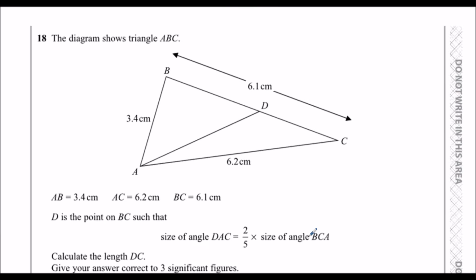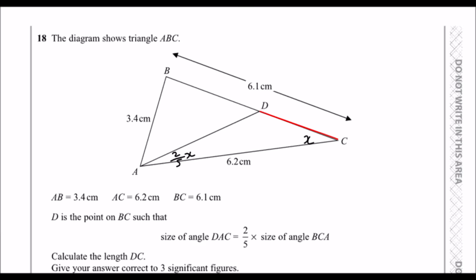So if BCA is X, let's call that X, DAC is 2/5 of X. Calculate the length D to C, this one here, and give your answer correct to 3 significant figures. So this length D to C is what we're working out.